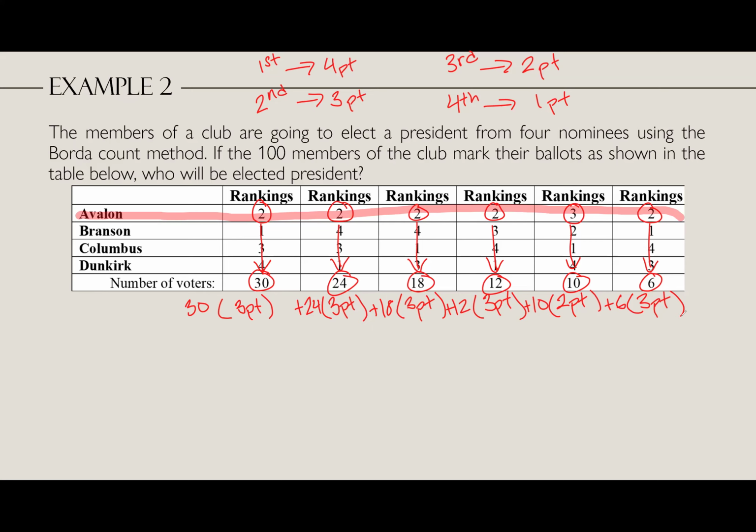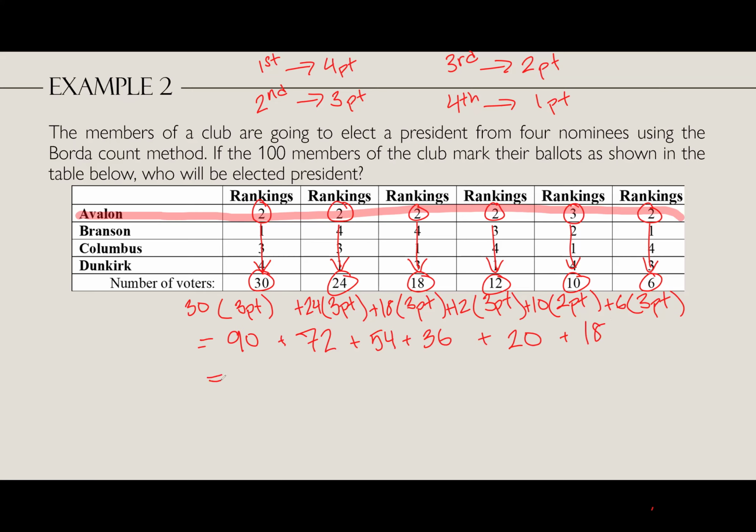So 30 times 3, we get 90. 24 times 3, what do we get? 60 plus 12, 72. 18 times 3, we get 30 plus 24, so 54. Perfect. 12 times 3, we get 36. Plus 10 times 2, we get 20. 6 times 3, we get 18.